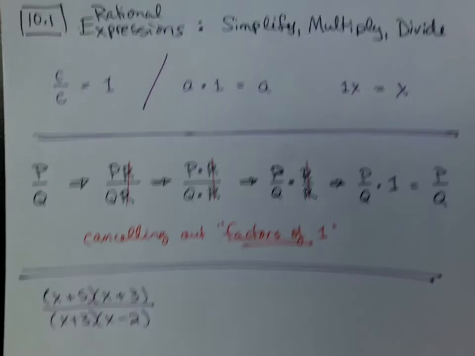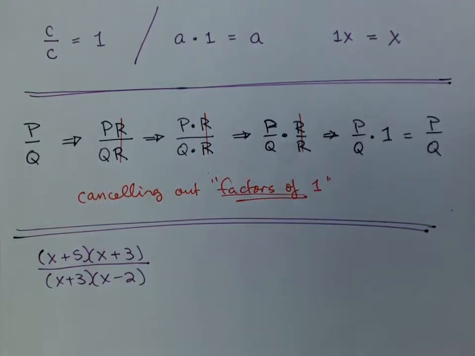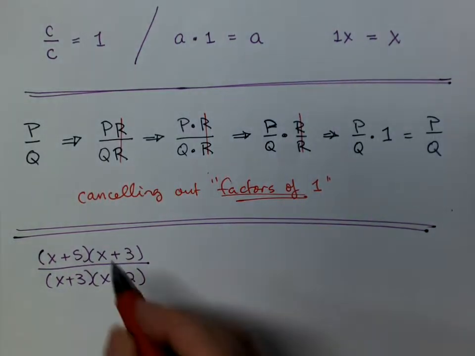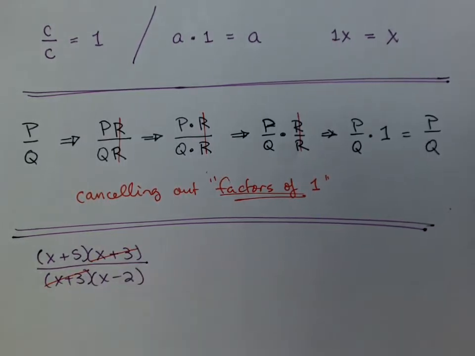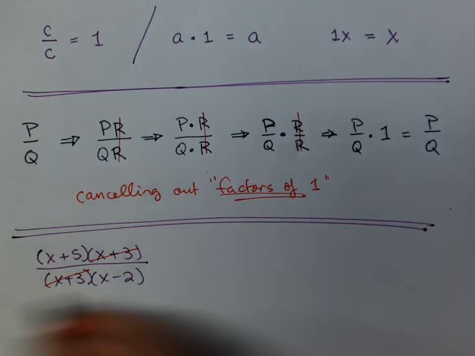Maybe you started off with a trinomial over trinomial, but you did the factoring then. Do you see any factors of 1 you can cancel out? Where? Yeah. And it doesn't matter if it's diagonal. This is like cross-canceling when you multiply fractions. As long as it's 1 on top, 1 on the bottom. Okay?